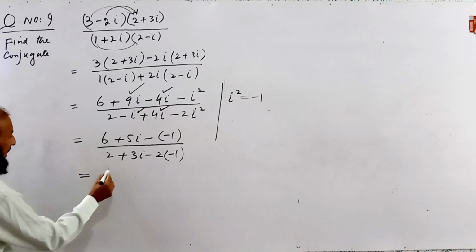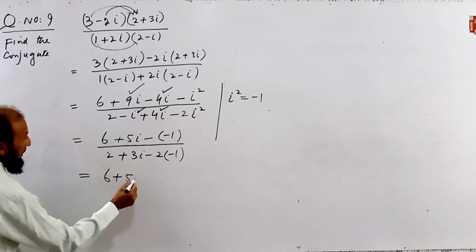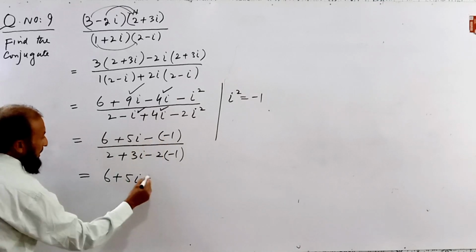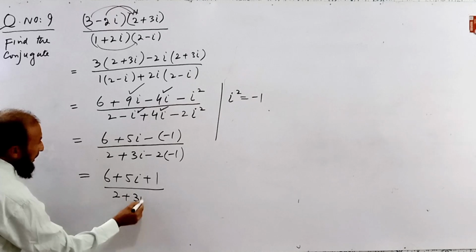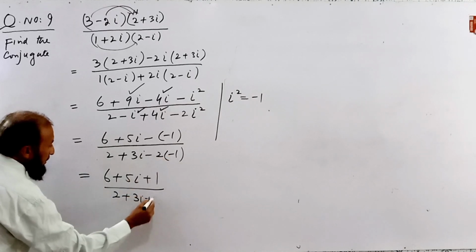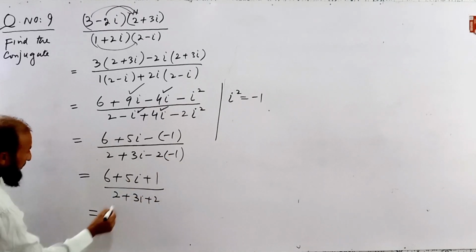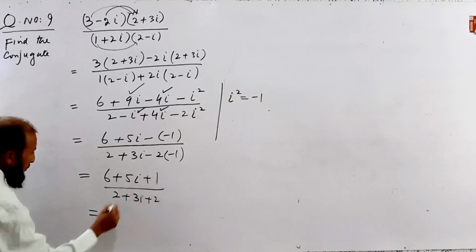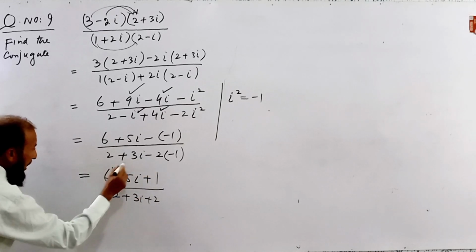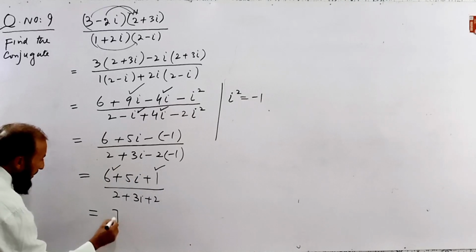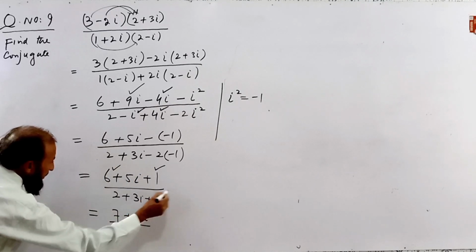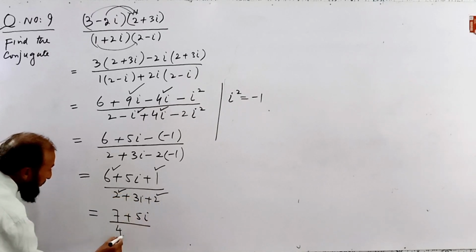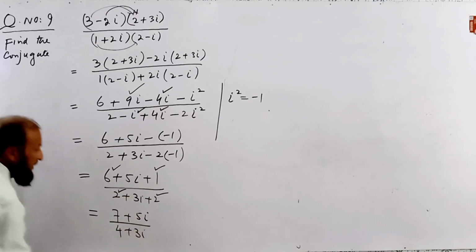Further simplifying, 6 plus 5i, minus into minus plus 1, divided by 2 plus 3i, minus into minus plus 2. So here 6 plus 1, this is the real part, 7 plus 5i, divided by the real part 2 plus 2, that is 4, plus 3i.